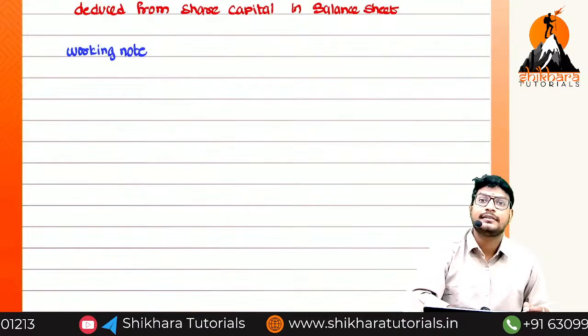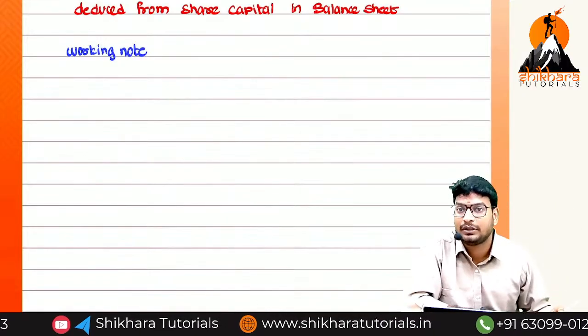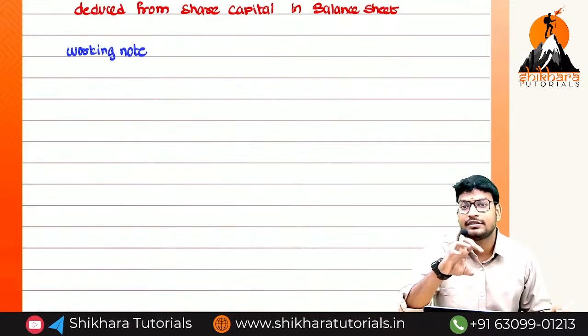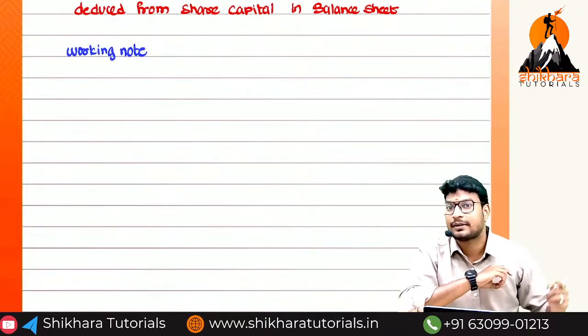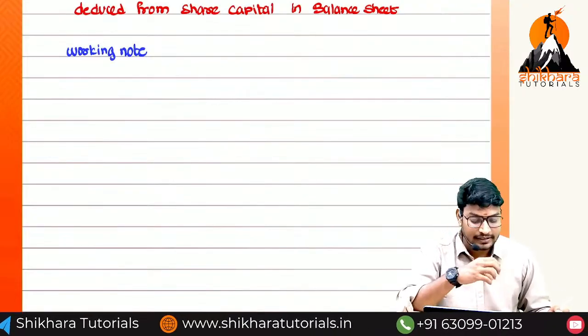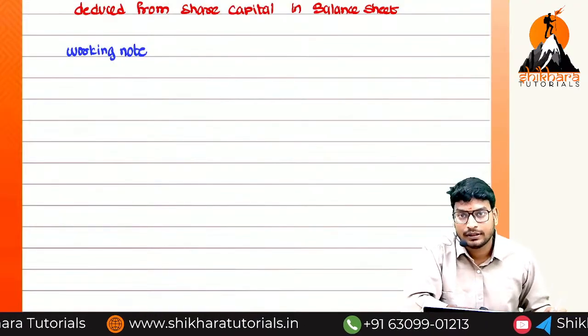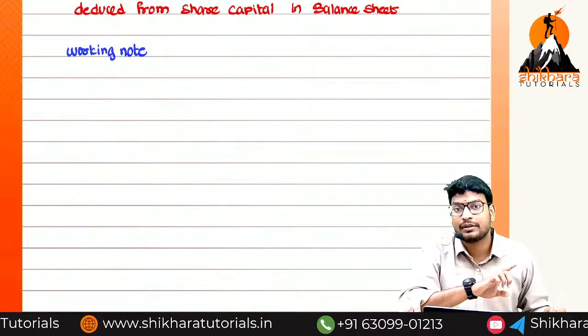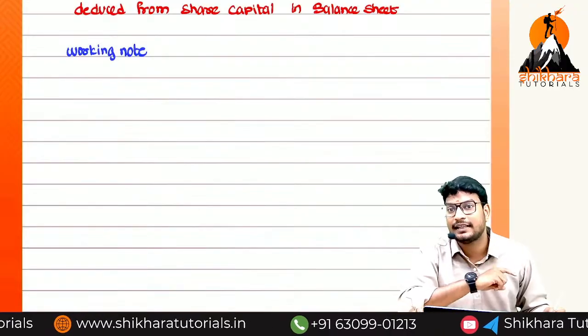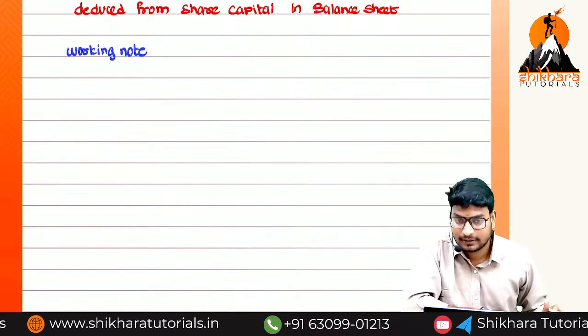Because all the things at that point of time is difficult to learn, small things we are discussing here and then going to that chapter will be easy. Most of the adjustments will be available in working note number 1 only. If you follow working note number 1 and write the right amount in the balance sheet, it will tally.